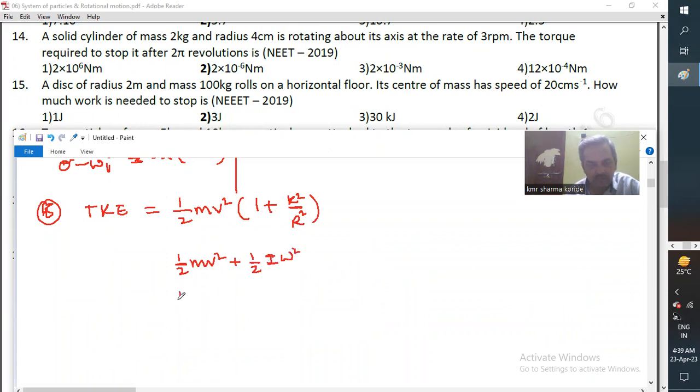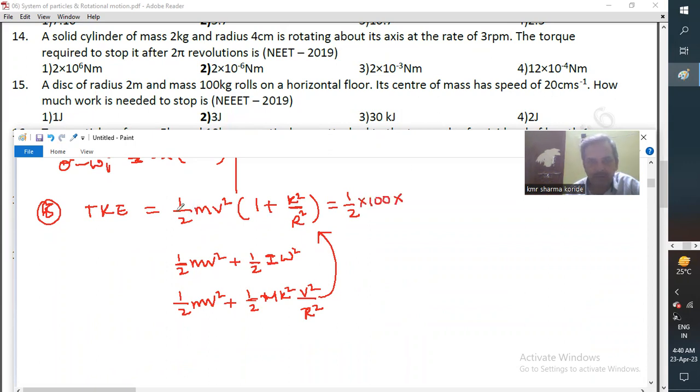So half mv square plus half, this I can be written as mk square with v square by r square. If you take out common v square, you get back this step. Then half. M is mentioned in the question, 100 kg.